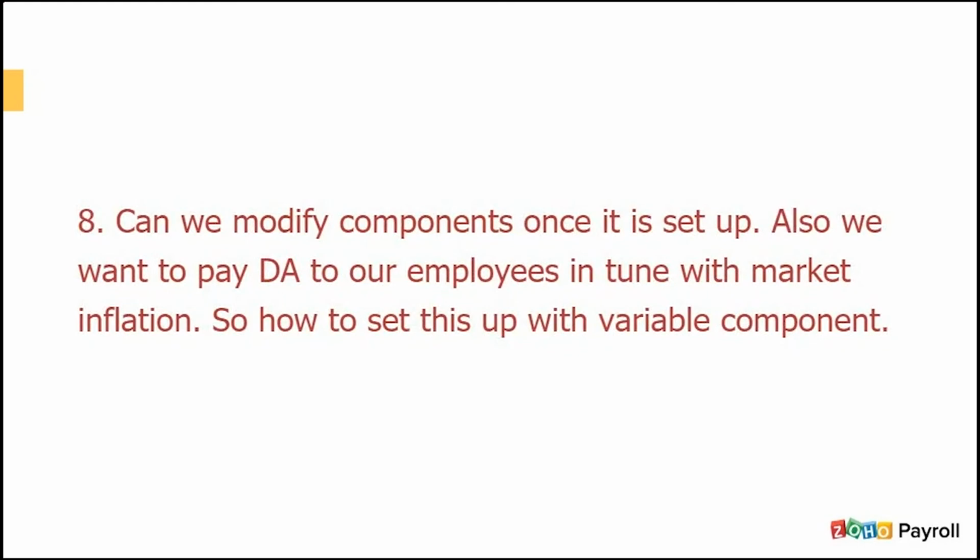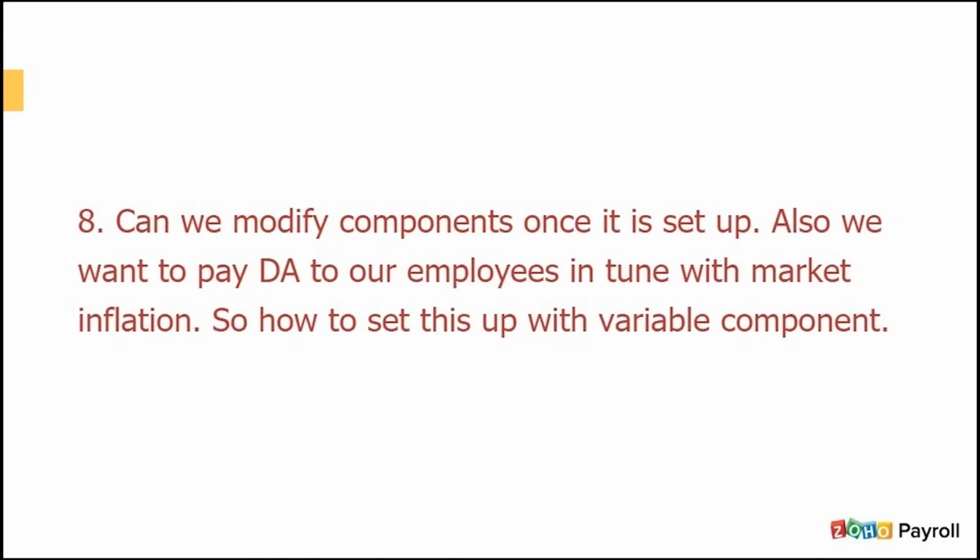Next question, can we modify components once it is set up? Once the employees are given the salary components, the value and the name of the component can be altered once it is set up, but not the other configurations.